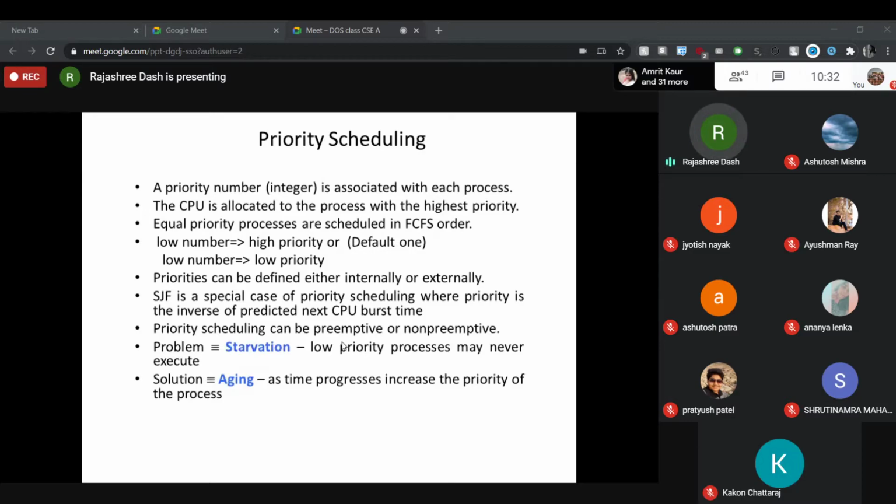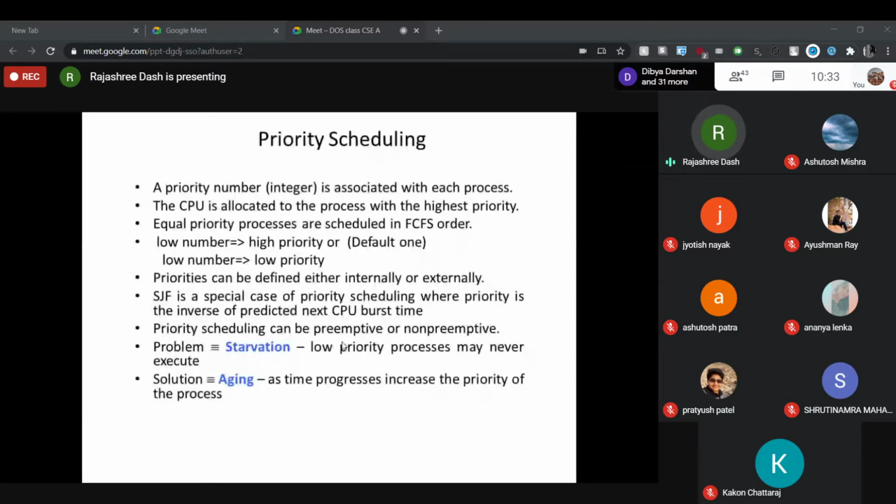Now, priorities can be defined internally or externally. Internal priorities are set by the operating system using some measurable quantities like time limits, memory requirements, how many open files are used by the process, and the ratio of the average input-output burst to the average CPU burst time.